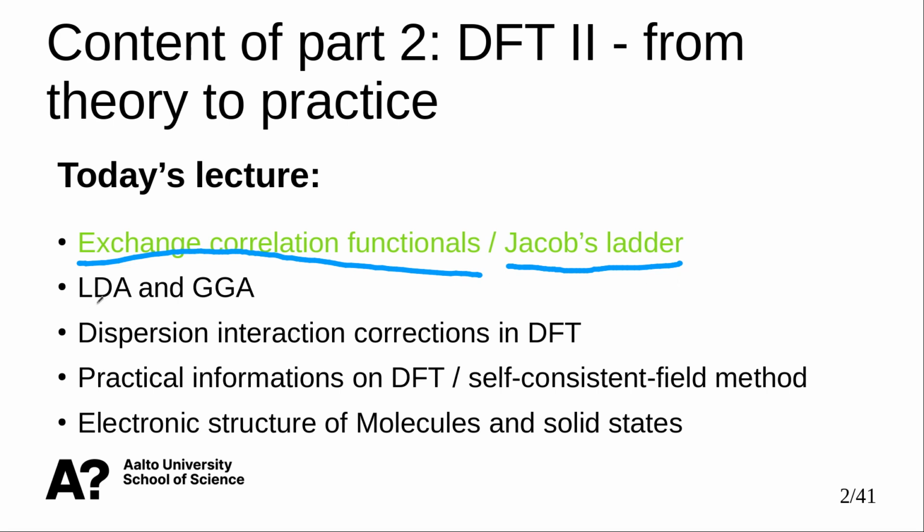In that regard, we will discuss in the second part the local density approximation, or LDA for short, and the generalized gradient approximation, or GGA in short, which are basically rung 1 and rung 2 within the Jacob's ladder scheme.